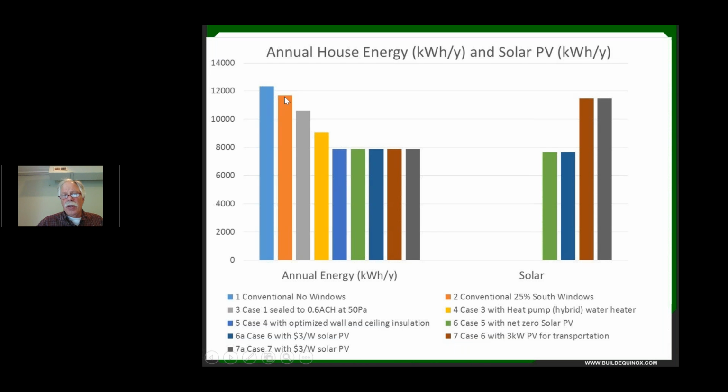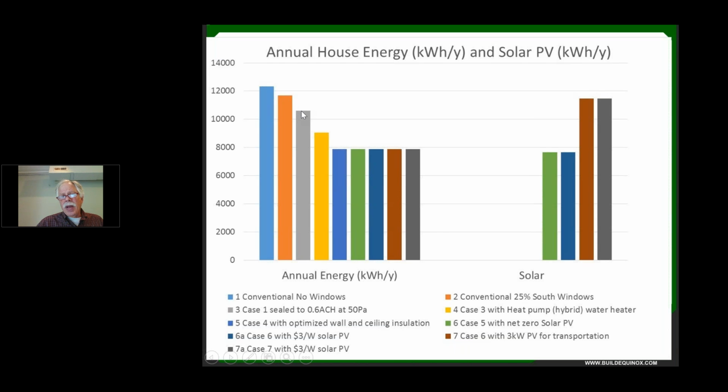Other areas you wouldn't. If instead of adding windows, if we seal the house up and then put in a smart ventilator that gives us the fresh air we need to keep people healthy, we would see a much bigger drop in energy relative to the addition of windows.